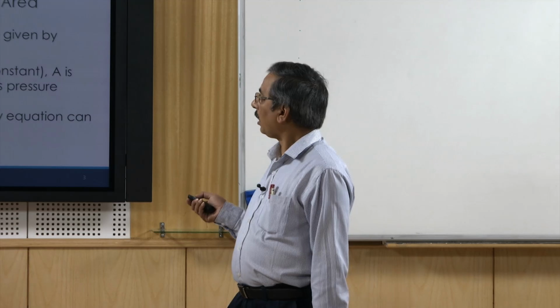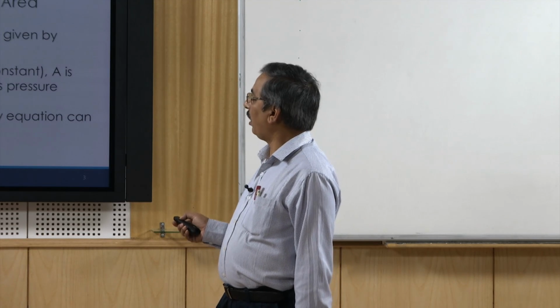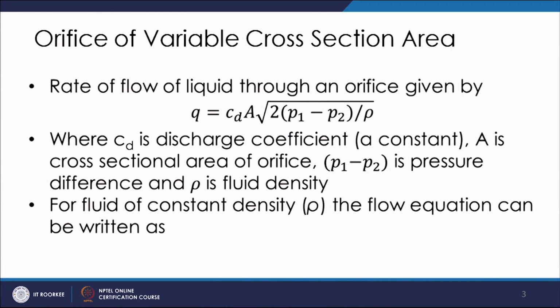Fine. So, the rate of flow of liquid through an orifice is given by this equation. Here Q is equal to CD, the coefficient of discharge, times A, the cross section area of the orifice, times the square root of 2(P1 minus P2) over rho, where P1 minus P2 is the pressure drop between the upstream and downstream sides of the orifice, and rho is the density of the liquid.